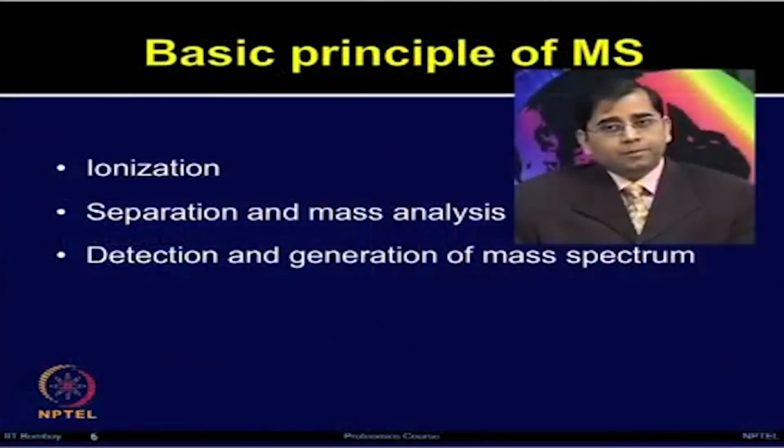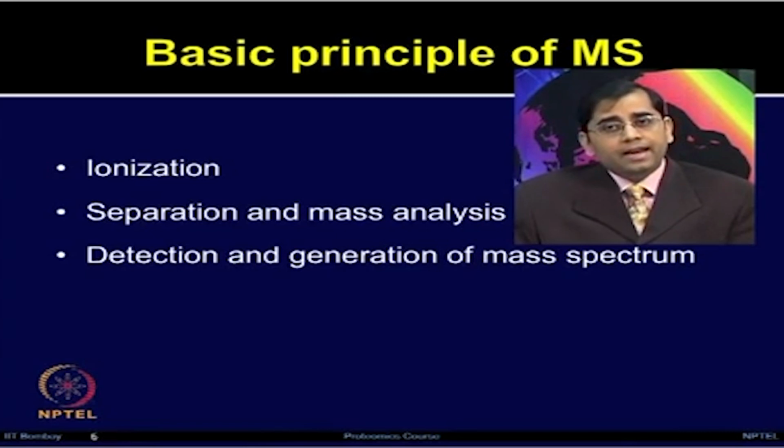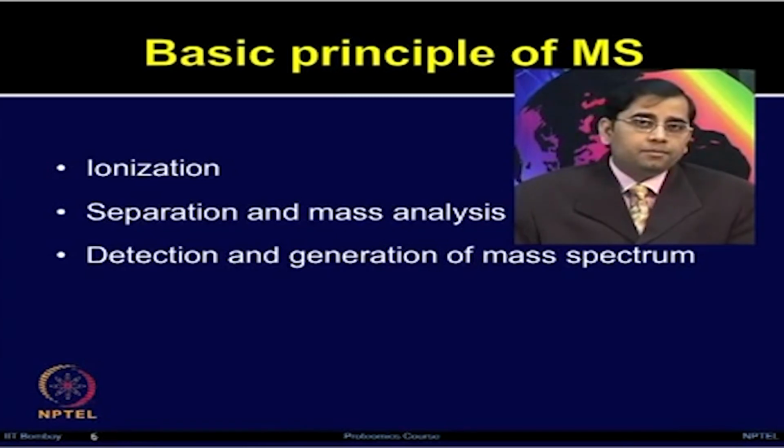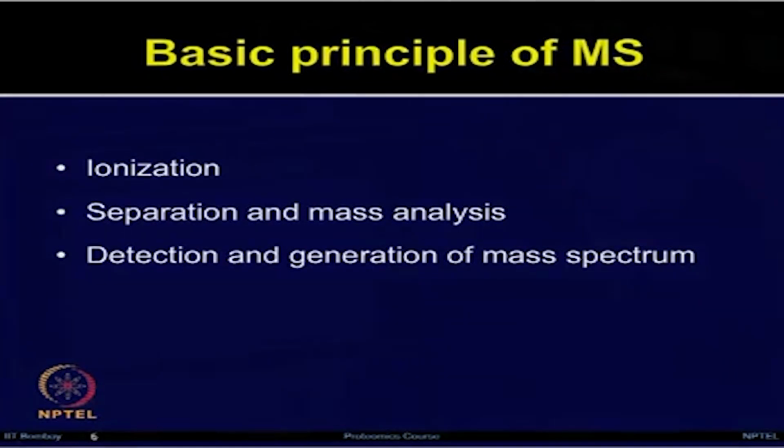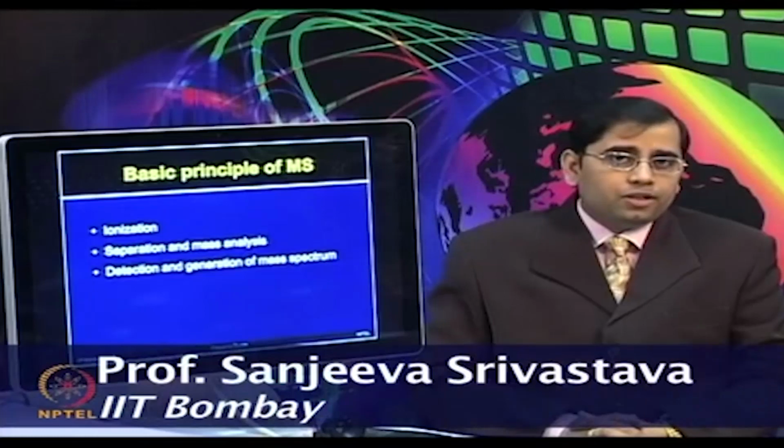Now, what is the basic principle of mass spectrometry? So, the first step is ionization, to convert analyte molecules or atoms into gas phase ionic species. It removes or adds electrons or protons.